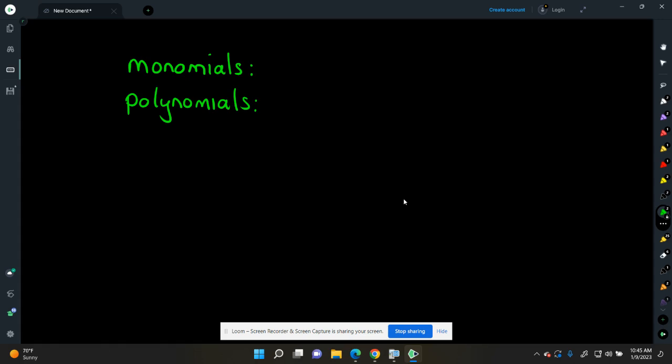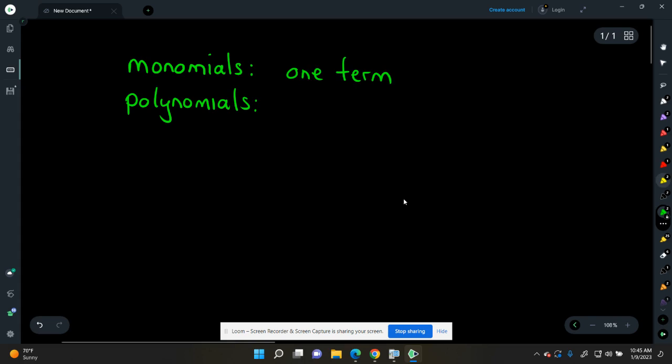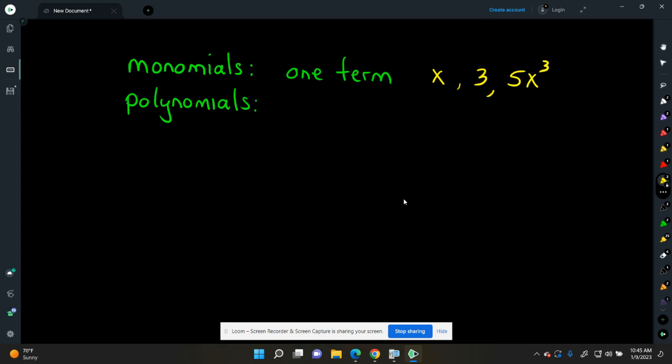Okay, a monomial. Mono means one, right? So it means one term. So an example of that would be like x or 3 or 5x to the third. Those are all one term. So what's a polynomial?